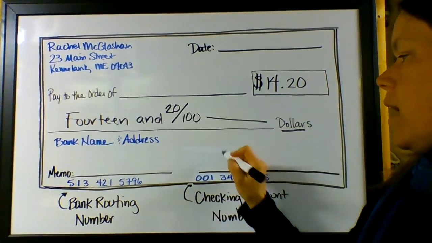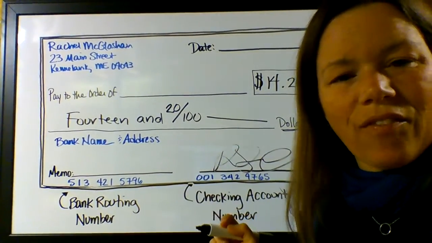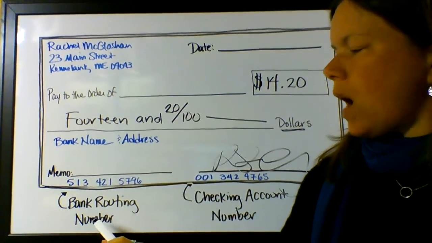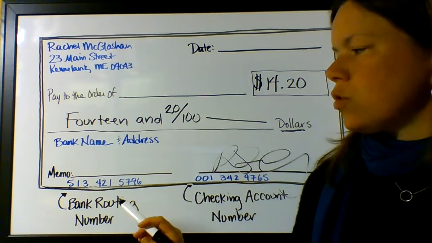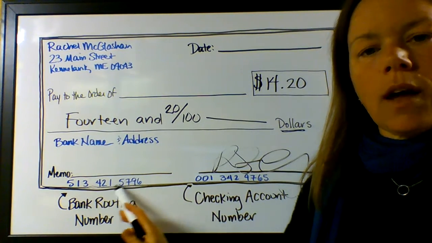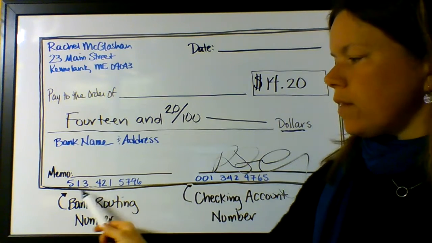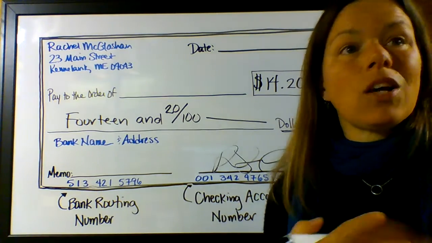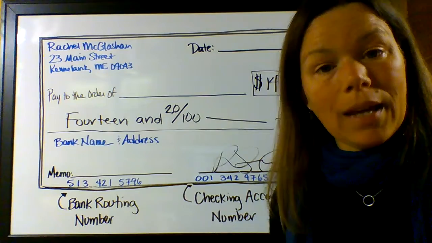Down here is where you sign, right? Have fun signing your checks today. I just wanted to show you that at the bottom left of a check, and if you ask your family members to show you their checks, you'll see that there's a number on the left separated on the bottom by a number on the right. The number on the left is called the bank routing number, and that is the number that, like all the banks in the world, indicates that specific bank.